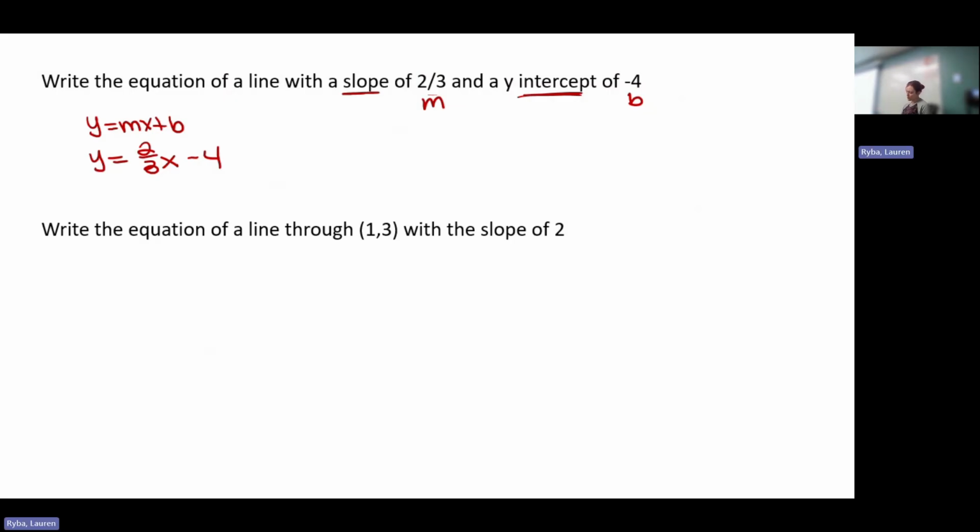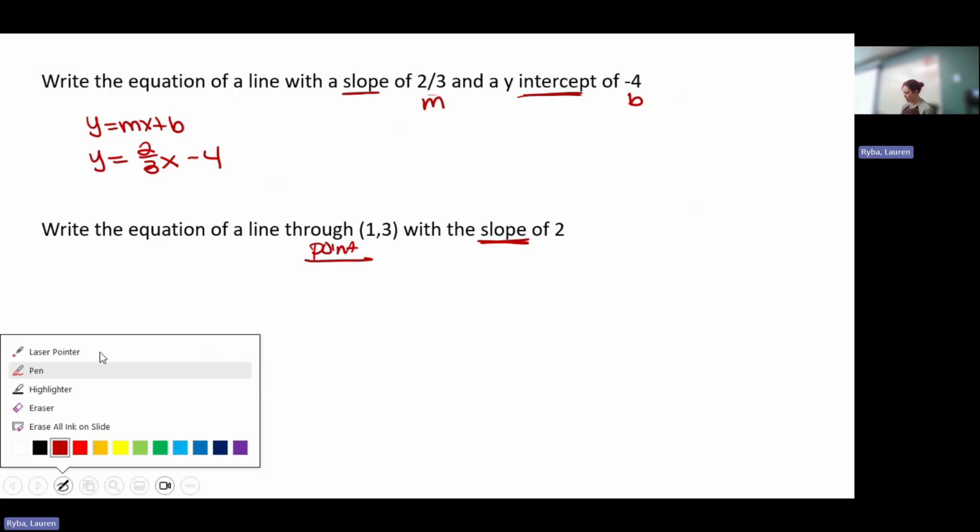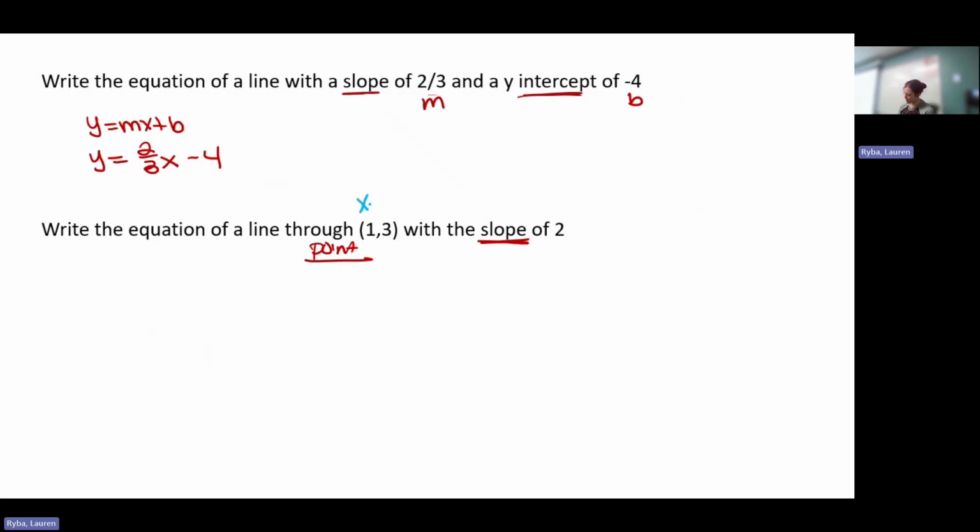Okay, next one says, write the equation of a line through the point (1, 3) with the slope of 2. So this one gives me a point and a slope. Any point I have, I will label as x1, y1, and your slope is always m.